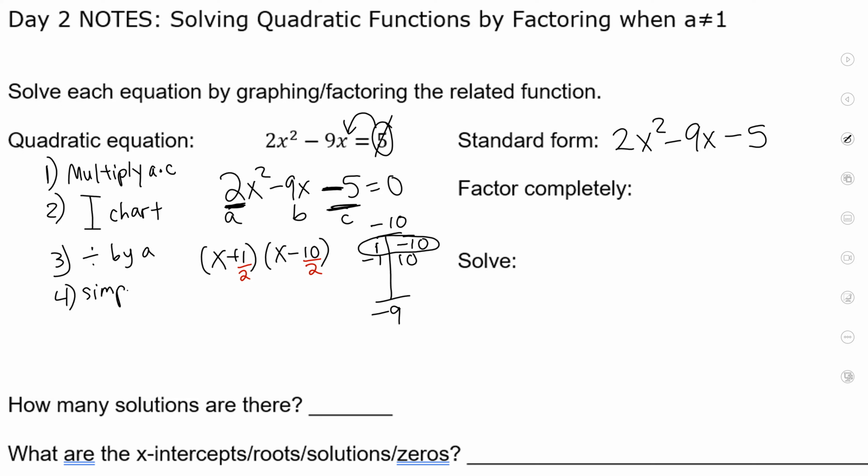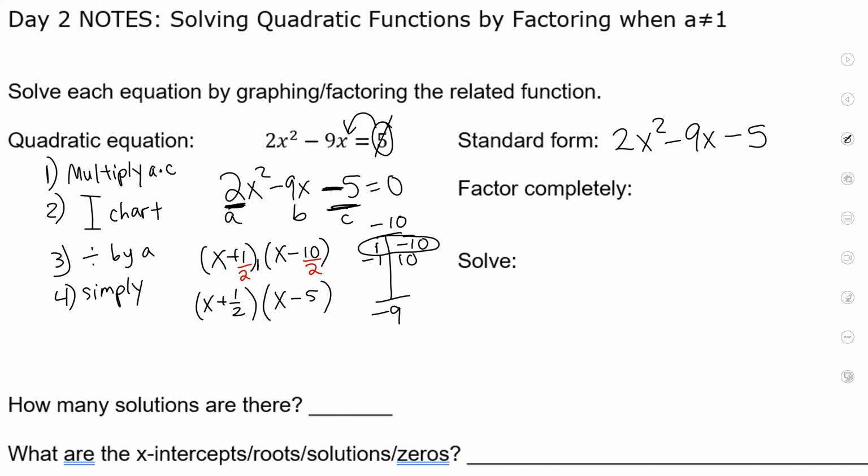If you see a fraction, try to simplify it if you can. Can 1/2 be simplified? Nope, that's as good as it'll get. What about 10/2? What's 10 divided by 2? 5. So that means this is going to be x plus 1/2 and x minus 5, because 10 divided by 2 is 5. So now it's simplified.